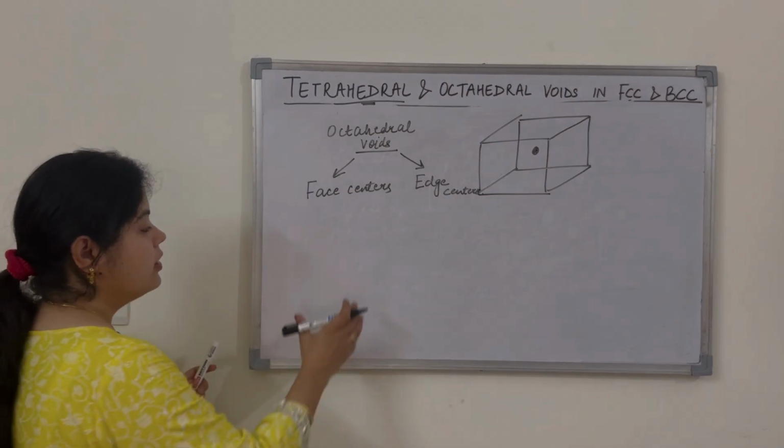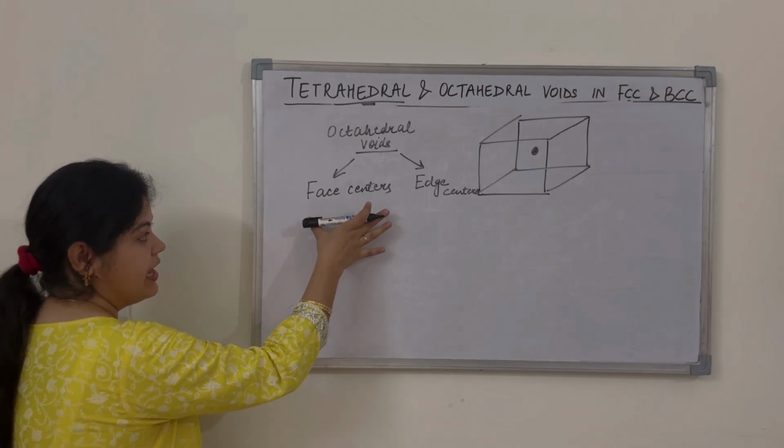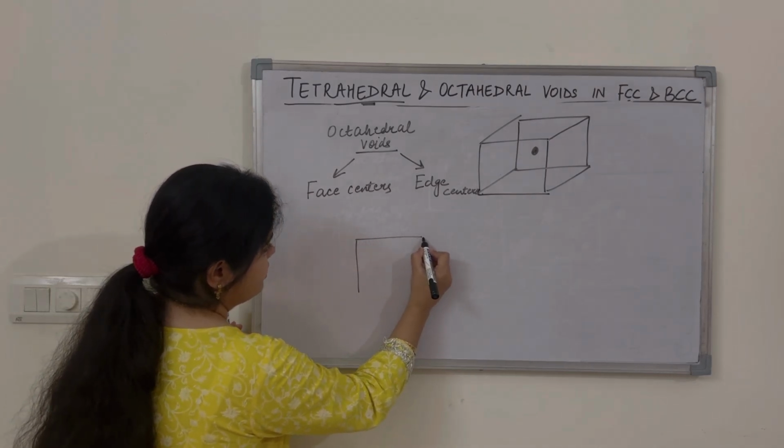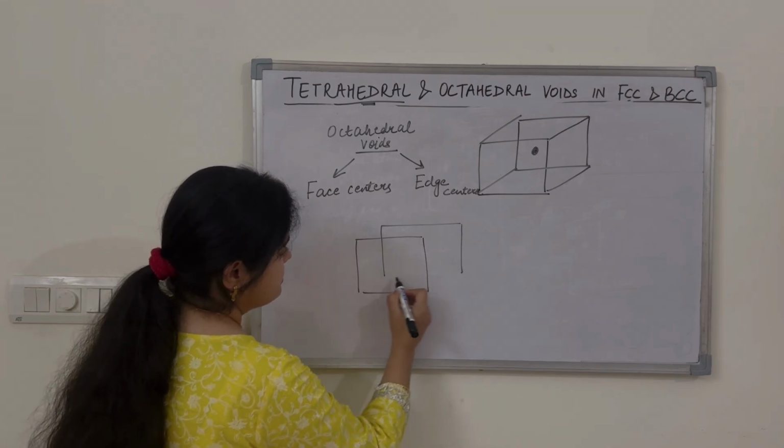First we will look at the voids which lie on the face centers. So for face centered voids, let me draw another BCC unit cell.